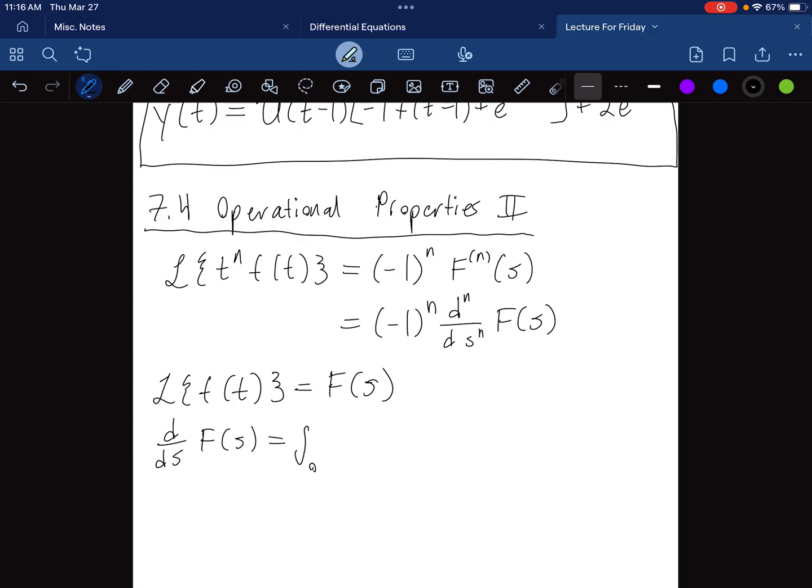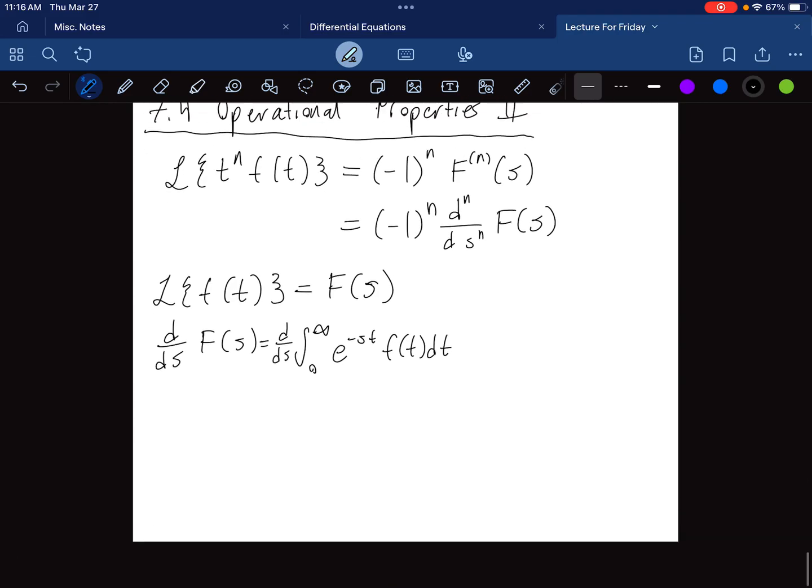It's the integral from 0 to infinity of e to the negative st f of t dt. But remember, right, we're taking the derivative of this, so we have this ds.